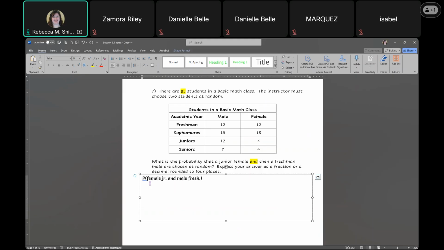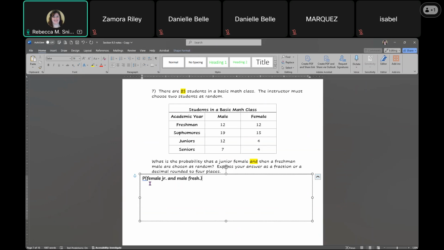When we're talking about choosing students to stand up, if I were to choose one of you off of my list to turn on your microphone, as soon as I do that, the pool I have left to choose a second person from has gone down by one.